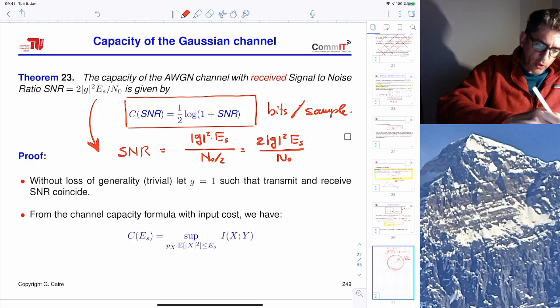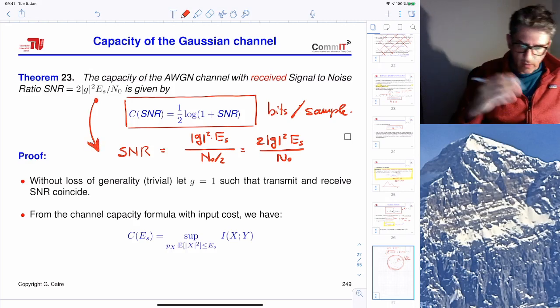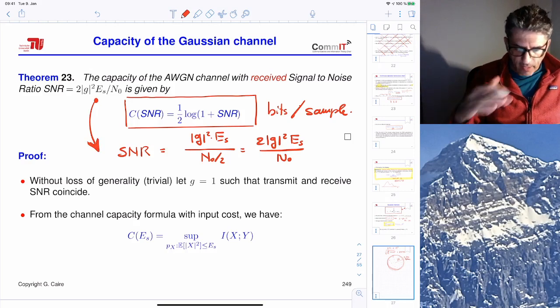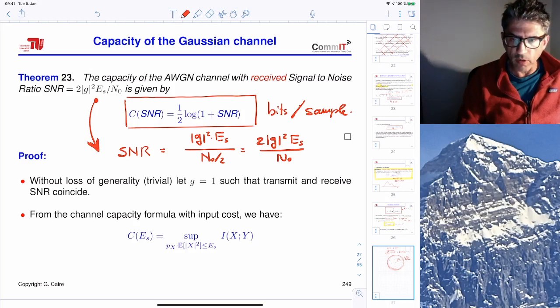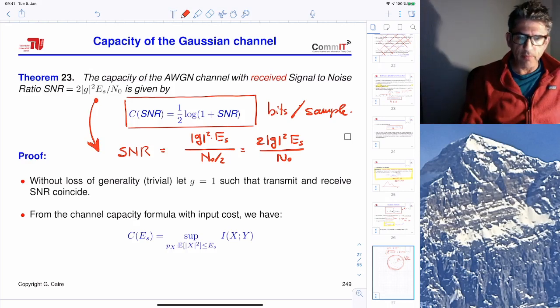Now we are going to prove this theorem, and then we're going to elaborate and relate this formula to quantities with a more clear physical meaning for this channel.